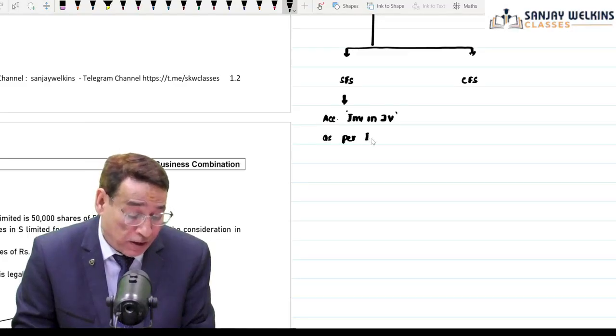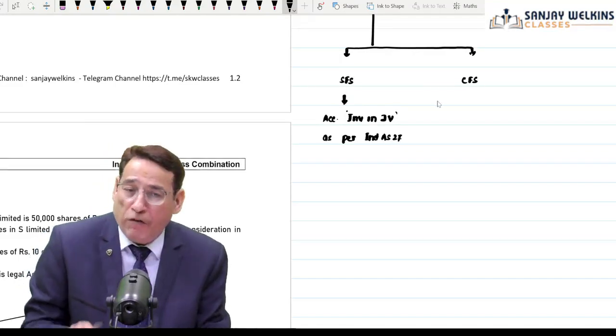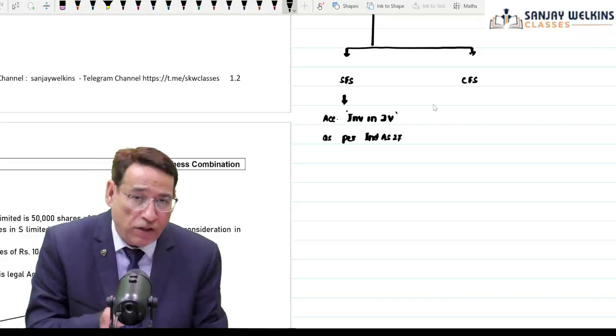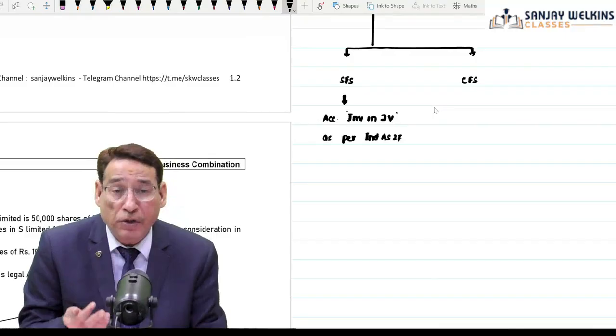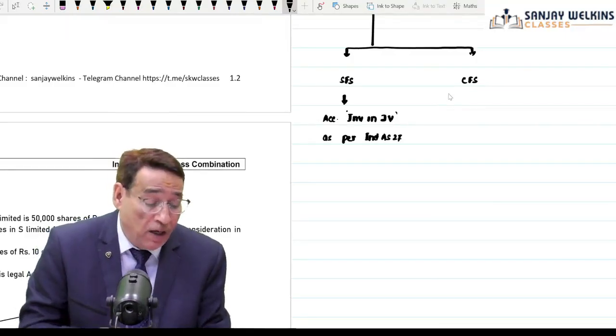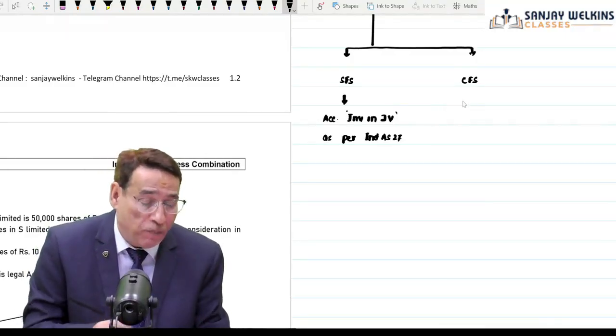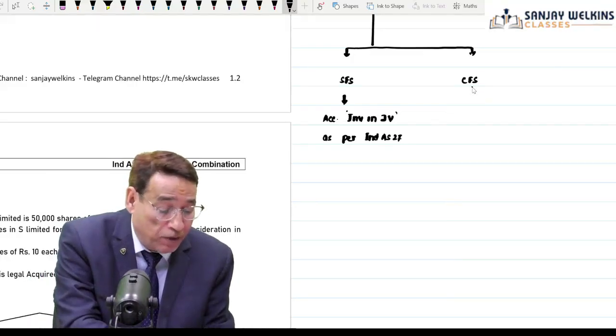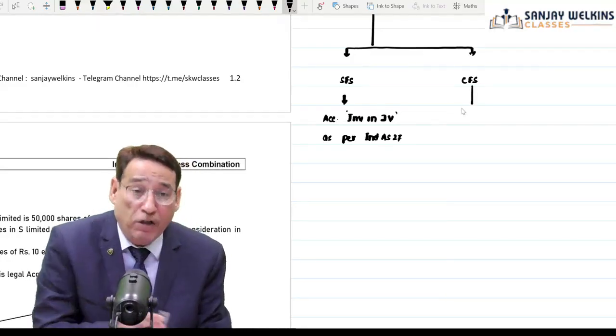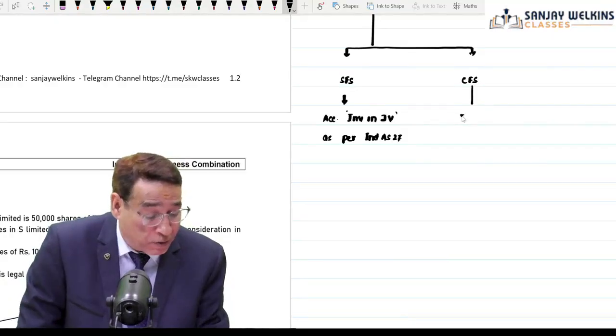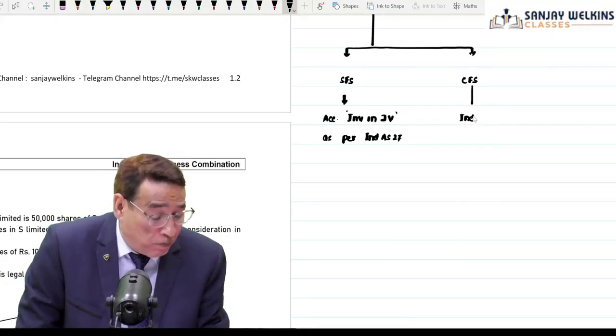Besides that, they will have to prepare a consolidated financial statement, but the consolidated financial statement will be prepared as per Ind AS 28. These are the points which you should be aware of.